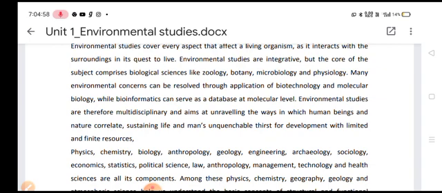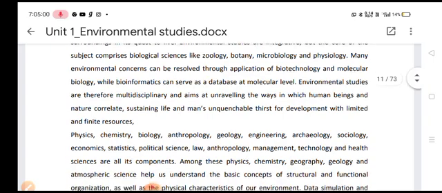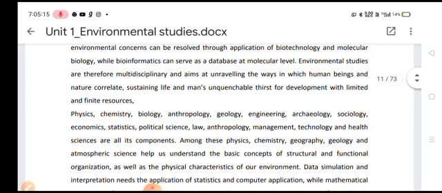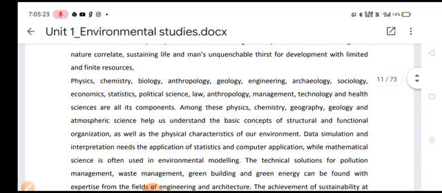Many environmental concerns can be resolved through application of biotechnology and molecular biology, while bioinformatics can serve as a database at molecular level. Environmental studies is therefore multidisciplinary and aims at unraveling the ways in which human beings and nature correlate, sustaining life and man's unquenchable thirst for development with limited and finite resources.